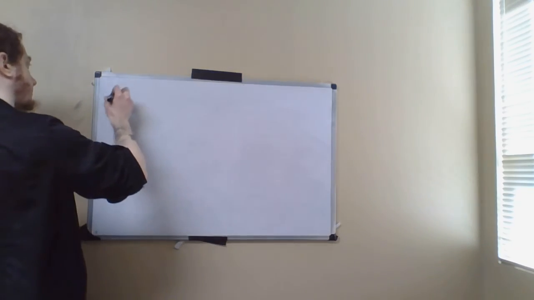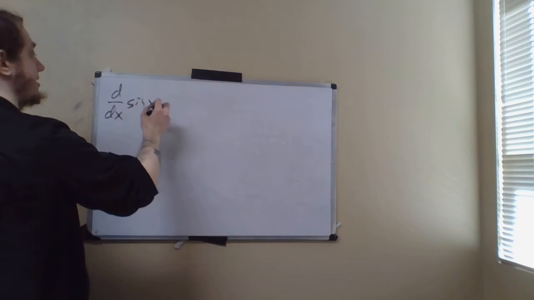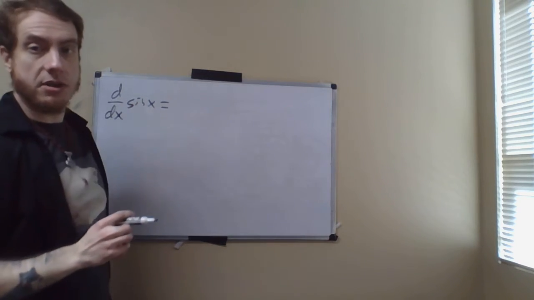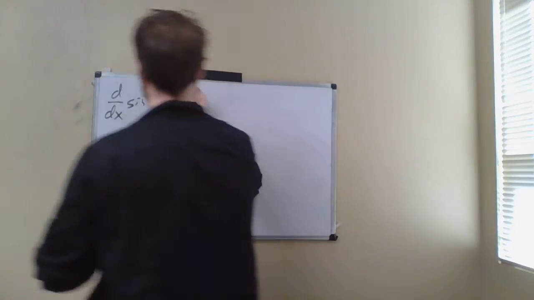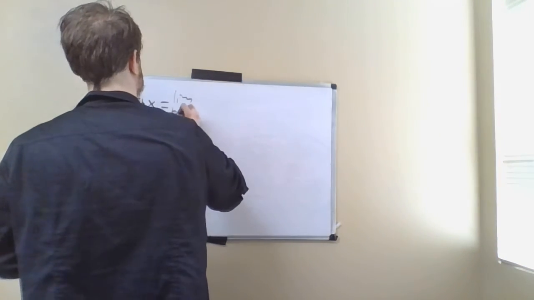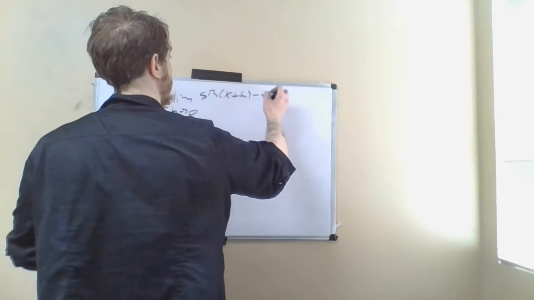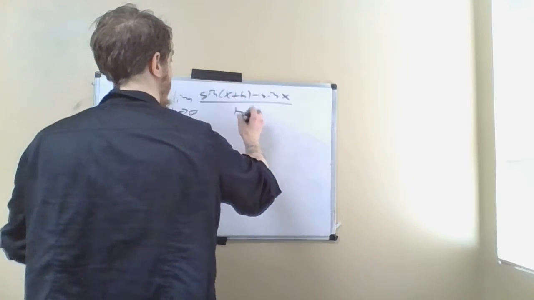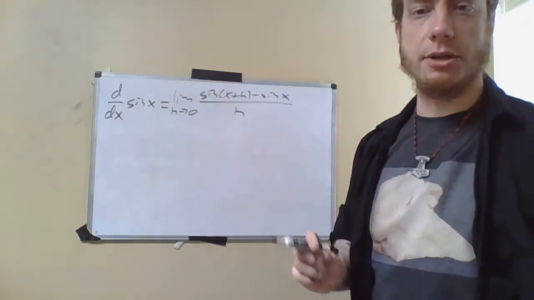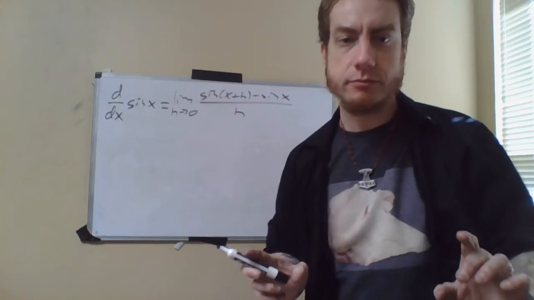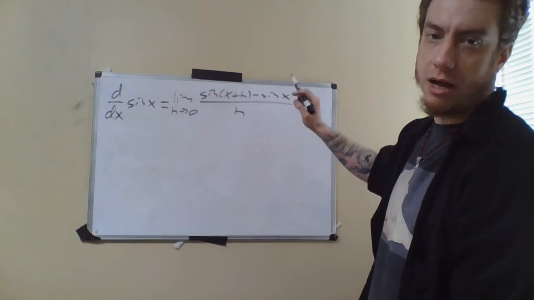Now, if I want to do the derivative of sine x, I'm going to start by using the limit definition of the derivative. So we have the limit as h goes to 0 of sine of x plus h minus sine x, divided by h. Now, here is where we need to use a little bit of a trick. We need to use the sum identity to split this up.